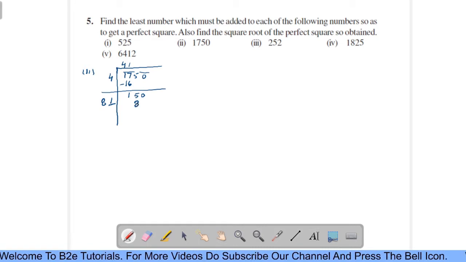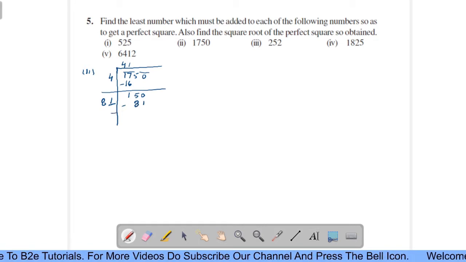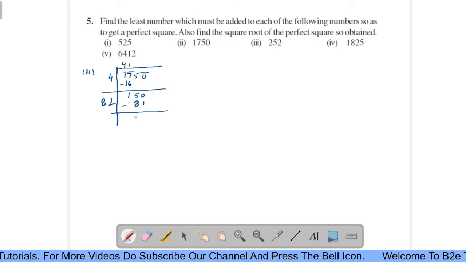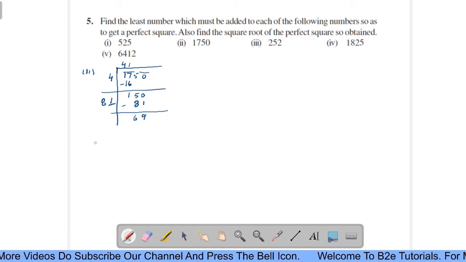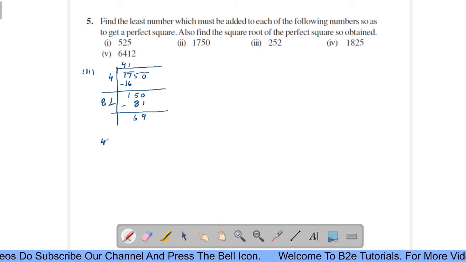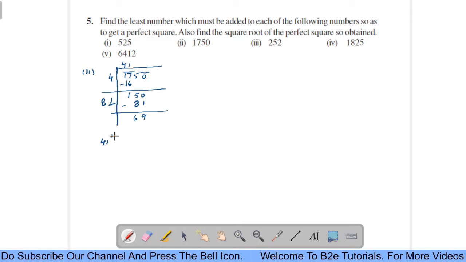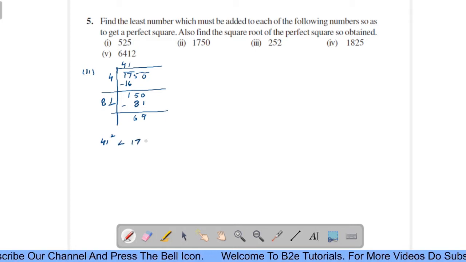Write down 81. Then subtract it. What will you get? 69. Here what we conclude? That 41 square is less than 1750.